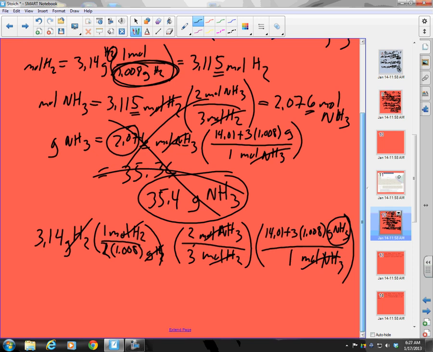Times quantity 14.01 plus 3 times 1.008, quantity 17.034. That looks good. Equals, and my answer is 17.687, rounded to 3 sig figs, 17.7 grams of NH3. Great.